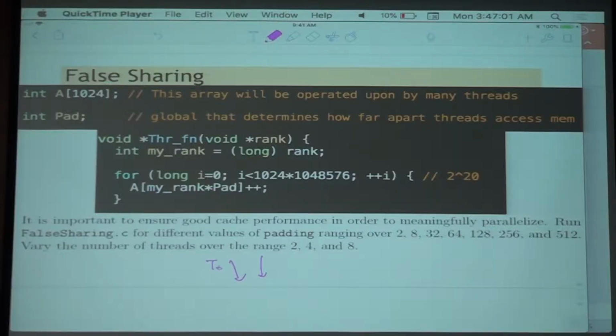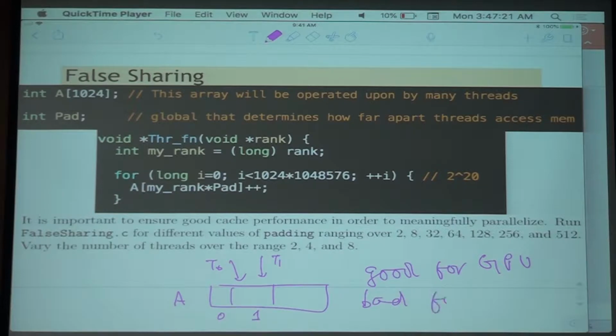GPUs have been designed in such a way that each thread accessing adjacent locations is preferred. So a[0] getting accessed by thread 0, a[1] getting accessed by thread 1. That is good for GPU, bad for OpenMP.